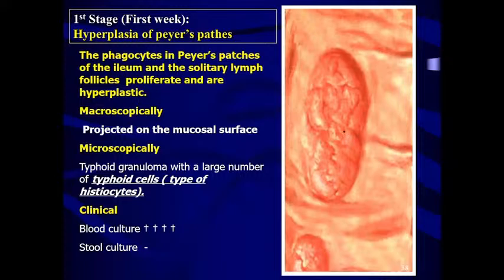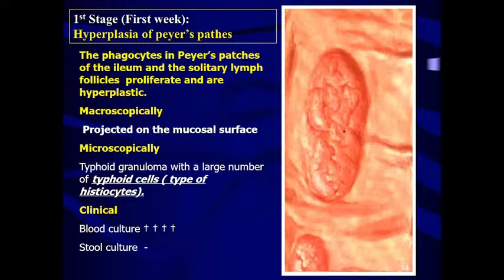And at macroscopy, at gross, all you see is projection of the Peyer's patches on the mucosal surface. Usually the mucosa is flat, but now you have well delineated projection on the surface.